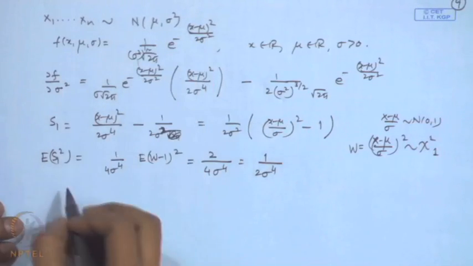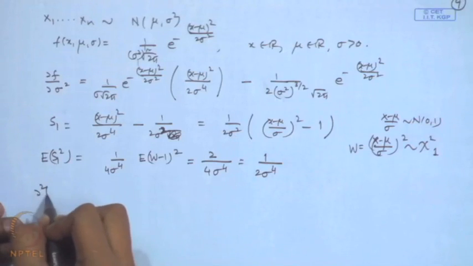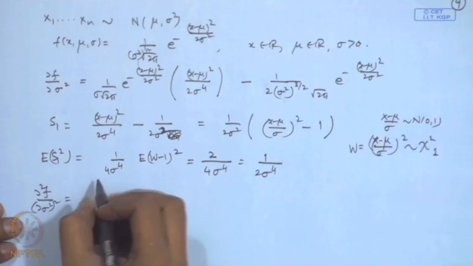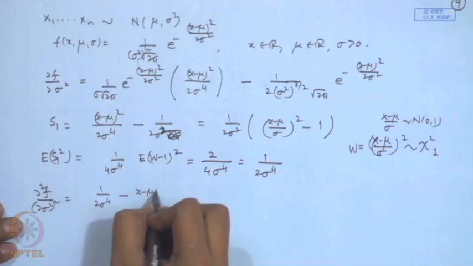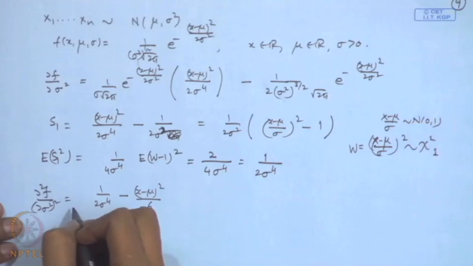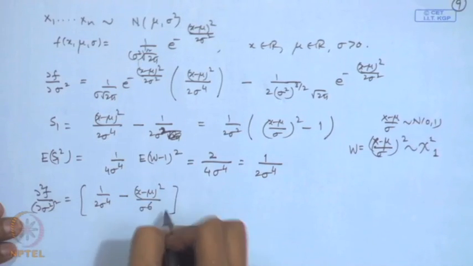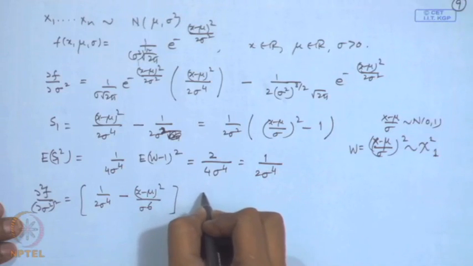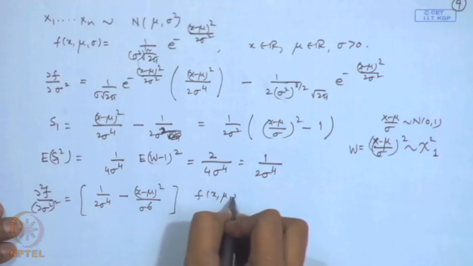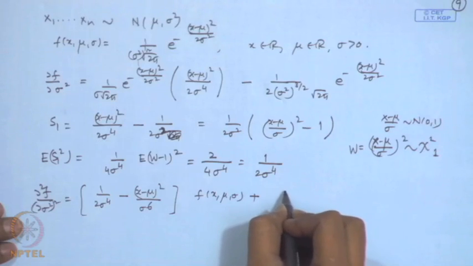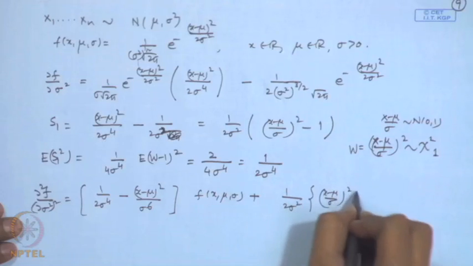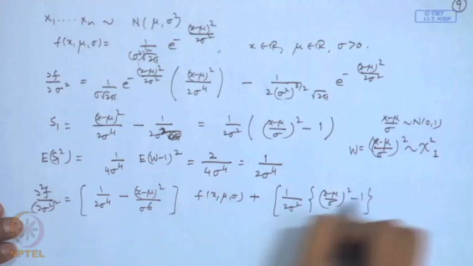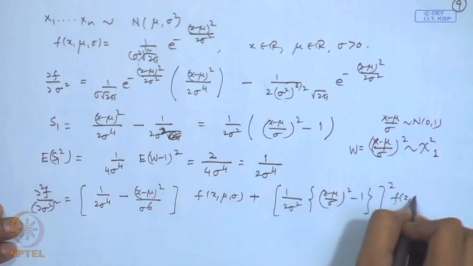So, you will get the terms like this: del 2 f by del sigma square is equal to 1 by 2 sigma to the power 4 minus x minus mu square by sigma to the power 6 into the density, plus 1 by 2 sigma square, x minus mu by sigma whole square minus 1 whole square, into the density.